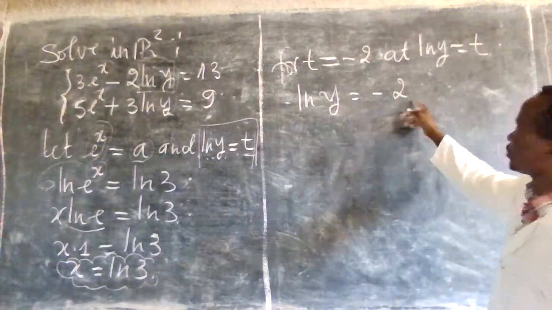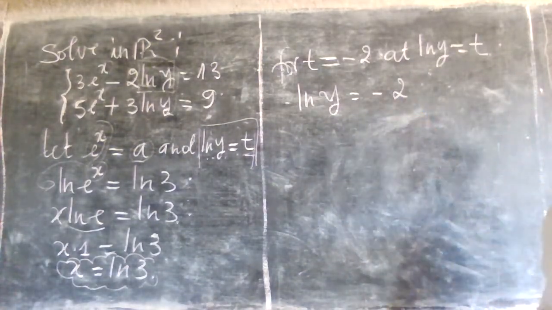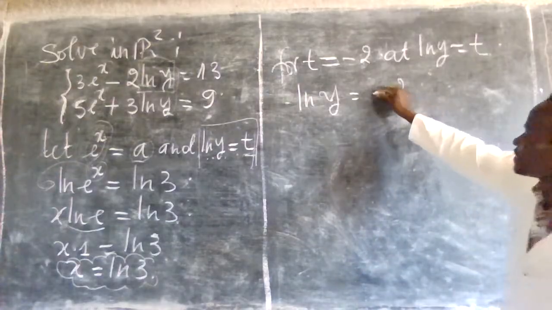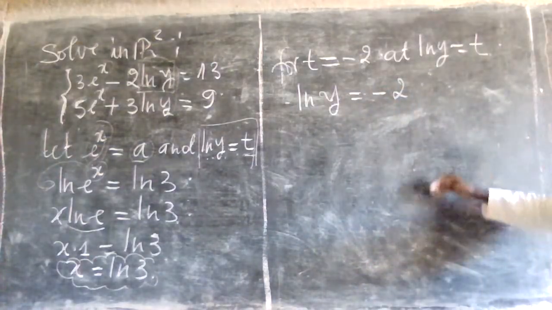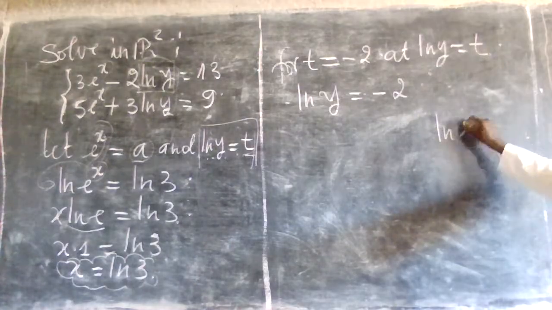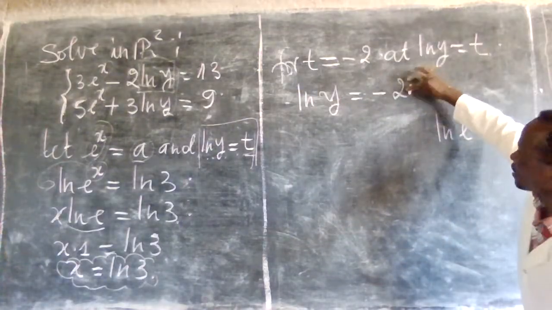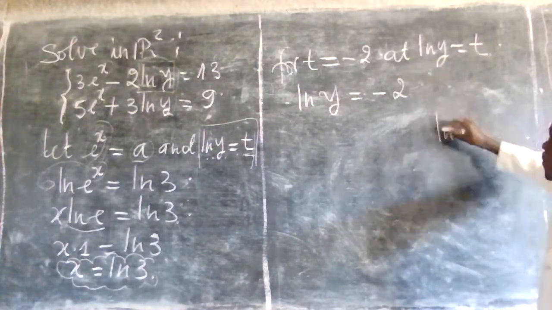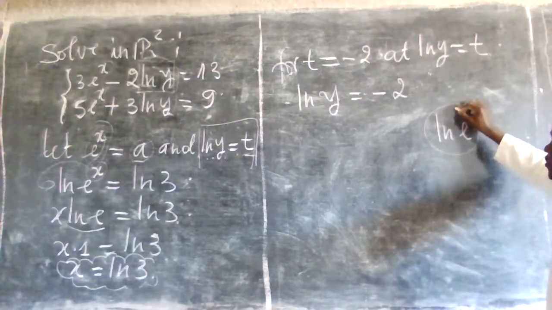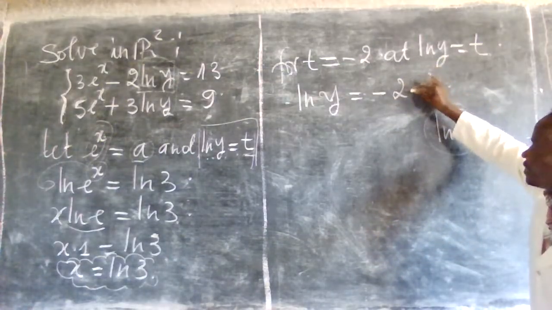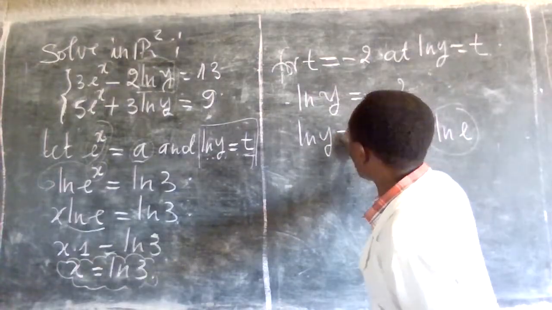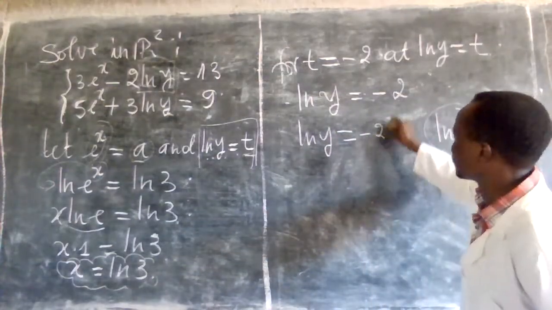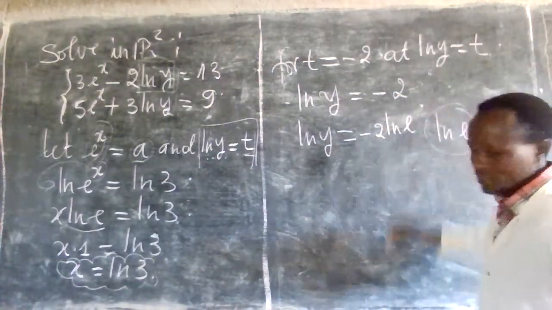If you have this kind of equation, you only multiply by ln of e here. You see, we have to multiply this ln of e here. Now, we remain with ln of y, which is equal to minus 2 ln of e.